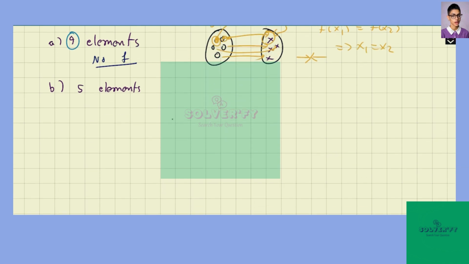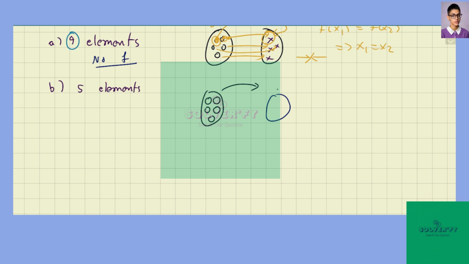What happens if you have 5 elements? Now you can start to count. The idea is that you can see the domain of this function as holes, and of course you're going to assign one hole to one element in the target.